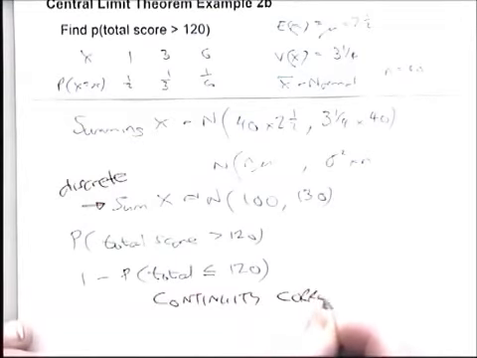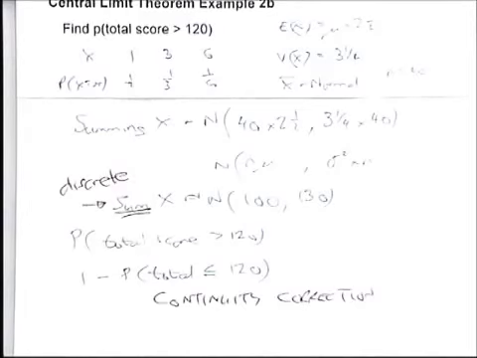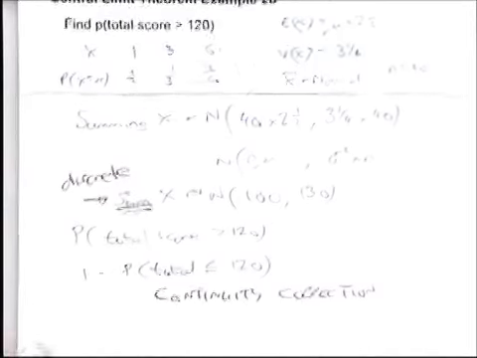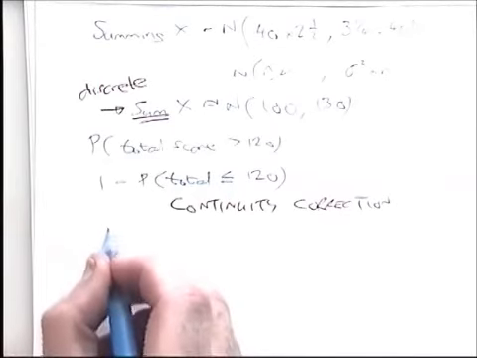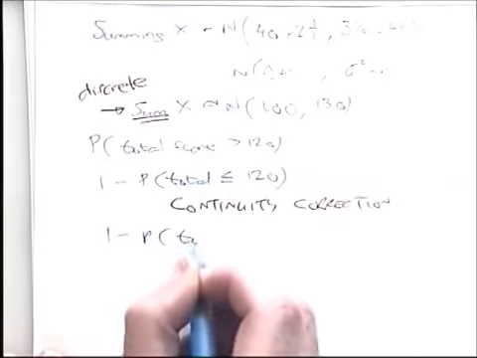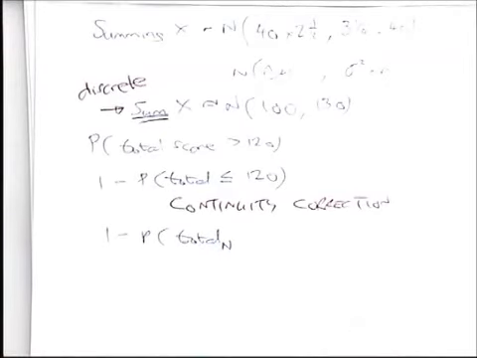So when you are dealing with sums which are discrete, you do have to introduce the continuity correction. So I can say this is going to be 1 minus the probability that the total, and I'm now using the normal distribution, is less than what?